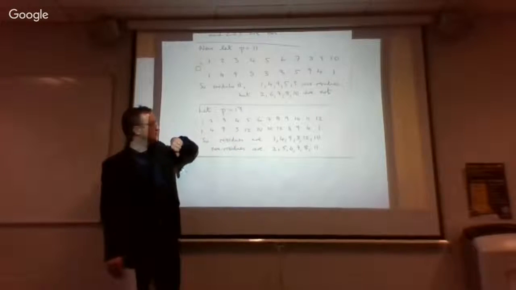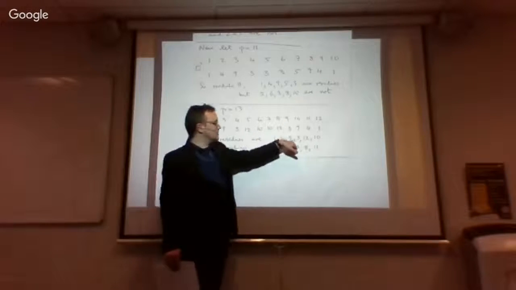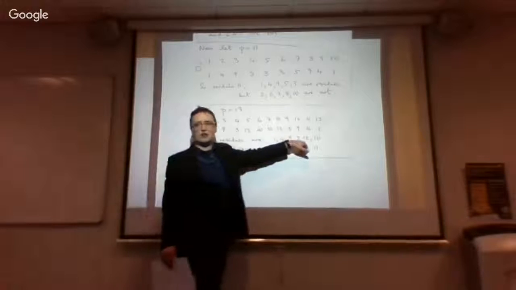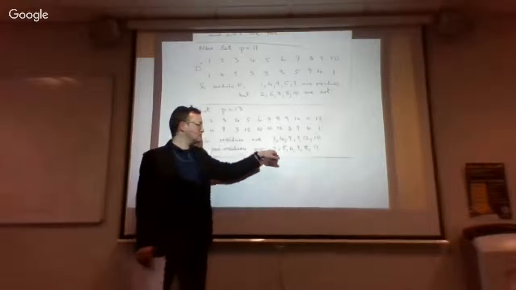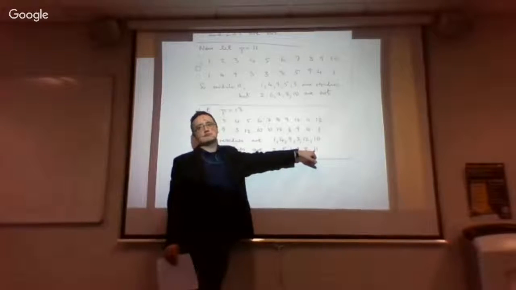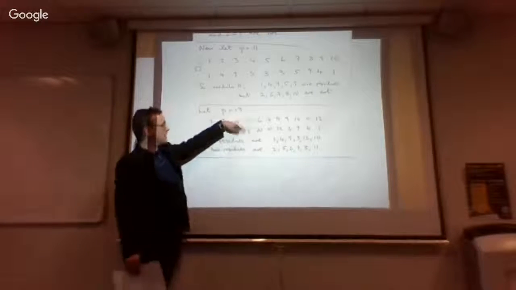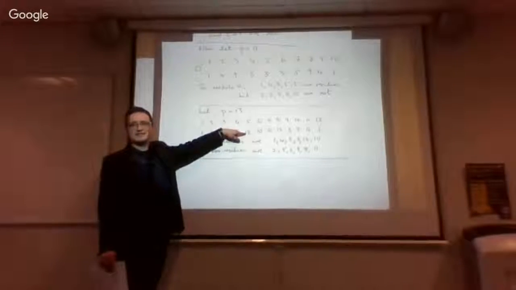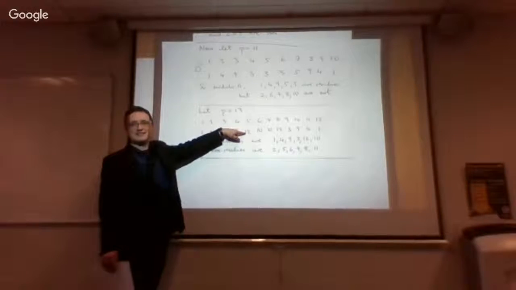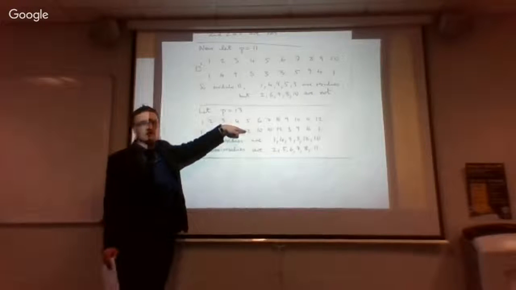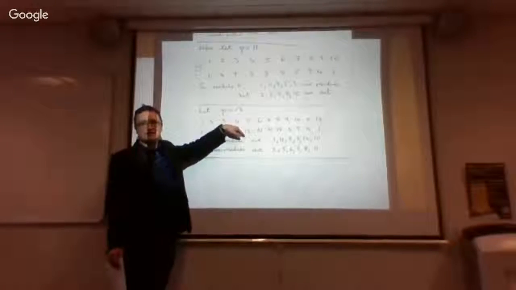So these numbers here, we've listed here, modulo 13, these all have square roots. But these numbers don't. How do you get the square root of 12 to be 5? Because when I square 5, I get 12. It's like saying that 5 squared is 12 is the same as saying that the square root of 12 is 5.